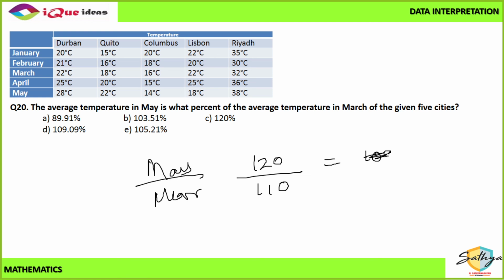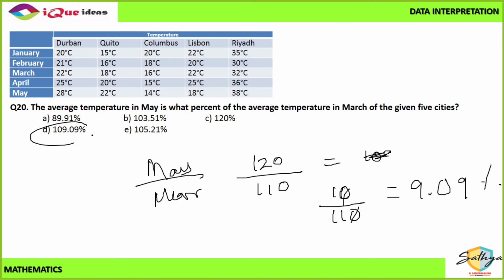Right. So what is the answer? 120 upon 110. So what percentage is it? So 120 is 10 more than 110. So 1 by 11. 1 by 11 is 9.09%.